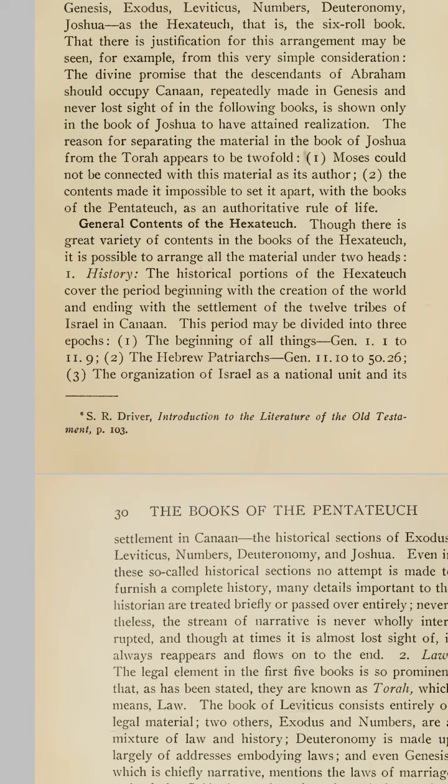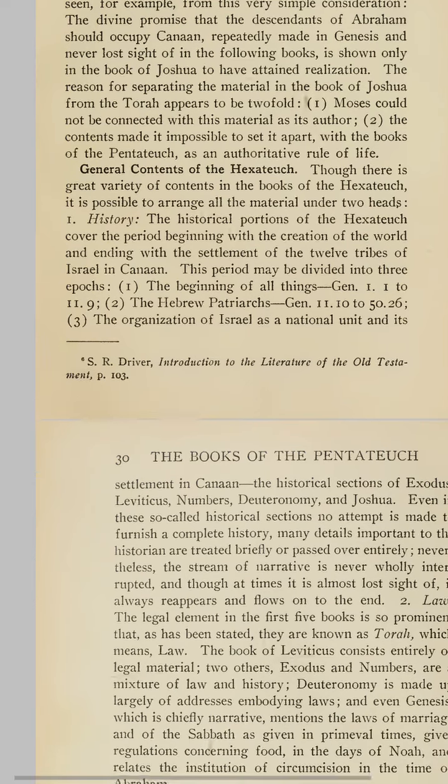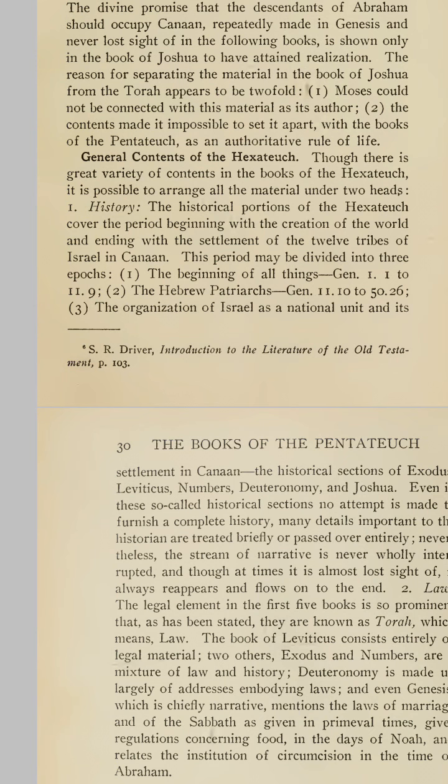That there is justification for this arrangement may be seen, for example, from this very simple consideration. The divine promise that the descendants of Abraham should occupy Canaan, repeatedly made in Genesis and never lost sight of in the following books, is shown only in the book of Joshua to have attained realization.